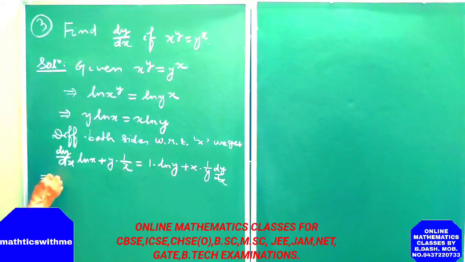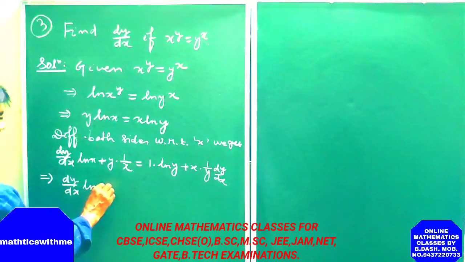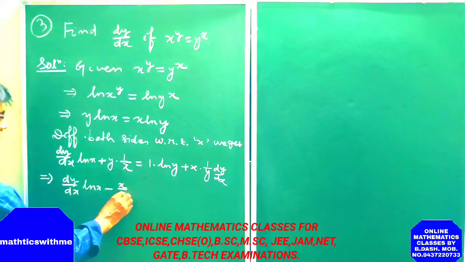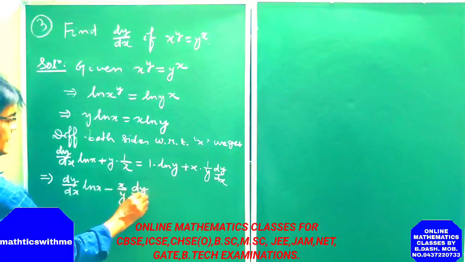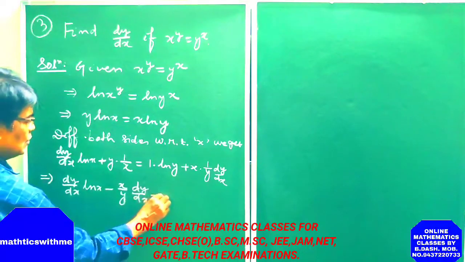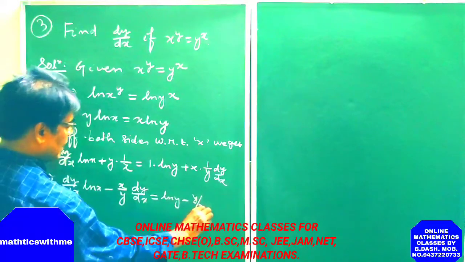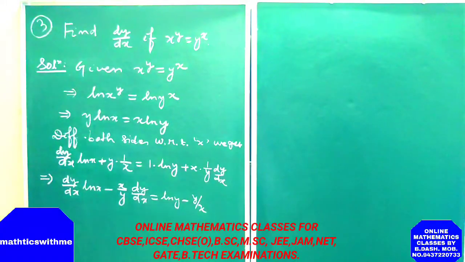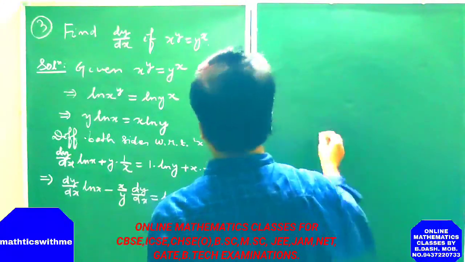Now dy/dx ln x minus (x/y) dy/dx is equal to ln y minus y/x.